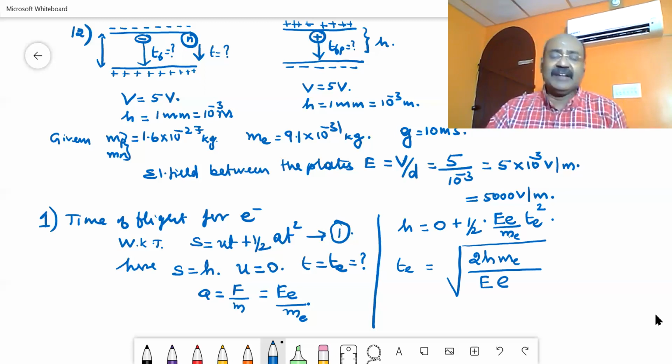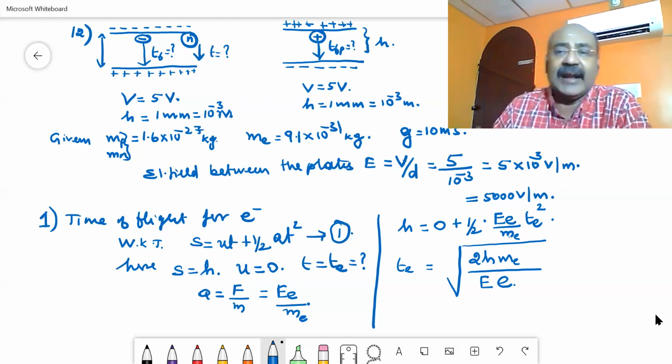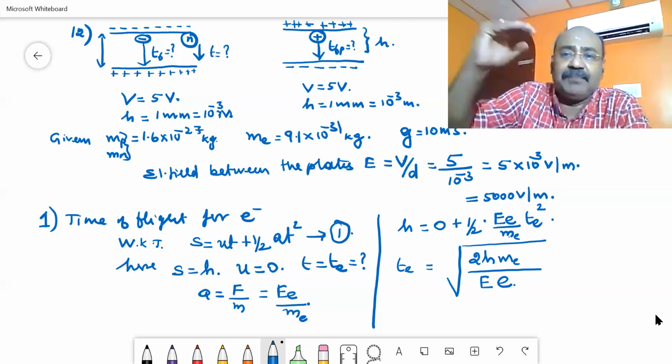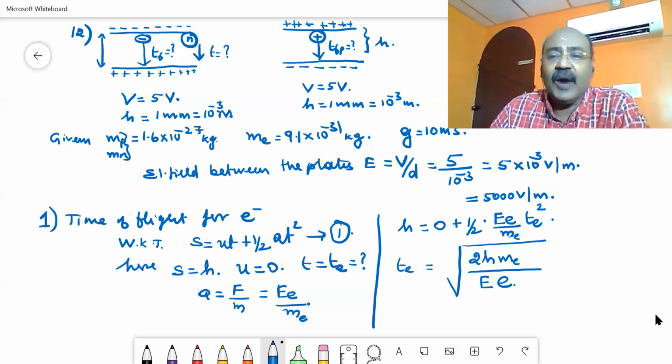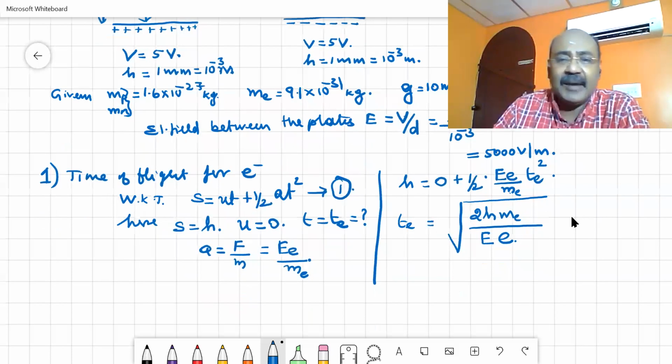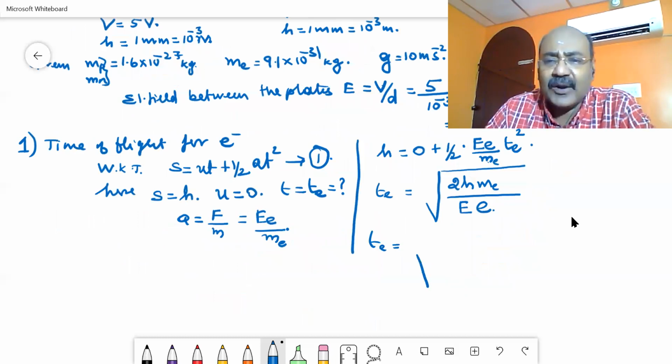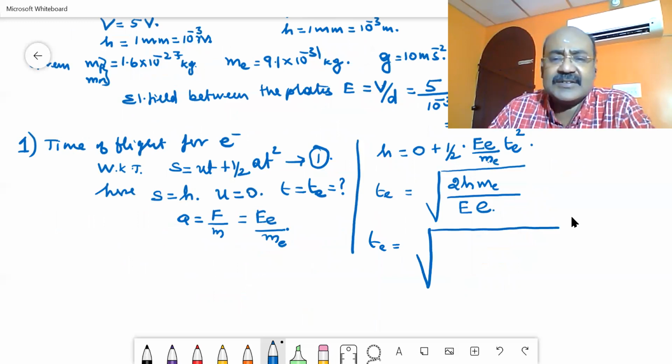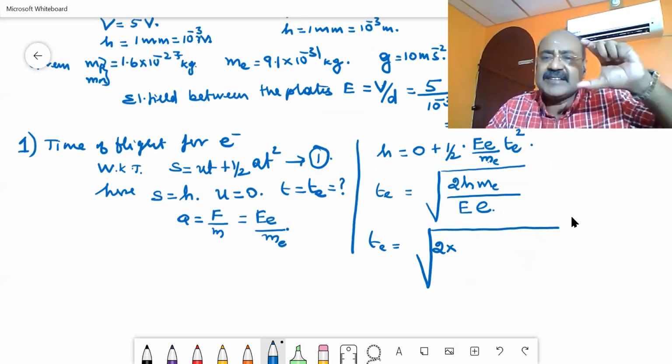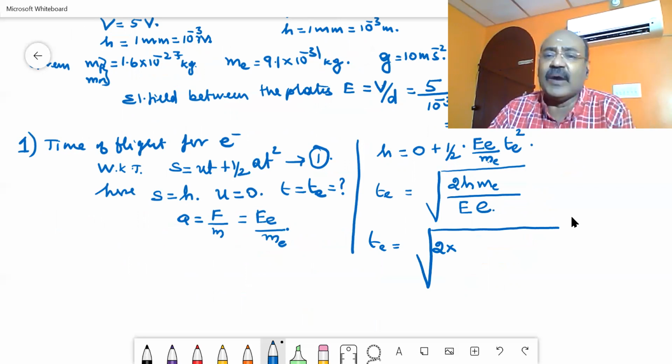On simplifying this, you can get the time of flight for the electron to reach from one plate to another plate. How can we do that? Substitute. te is equal to square root of 2, into h, which is the distance between the two plates, given as 1 millimeter, 10 to the power of minus 3.